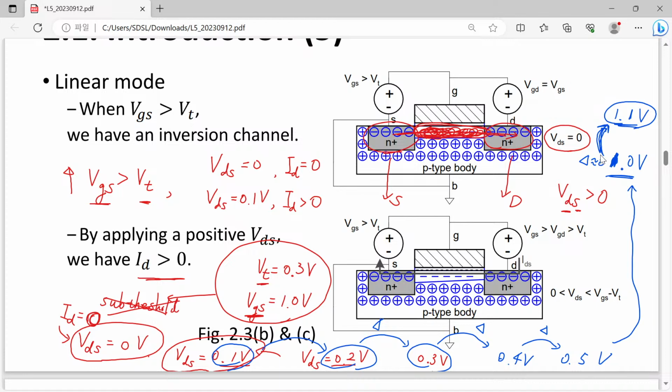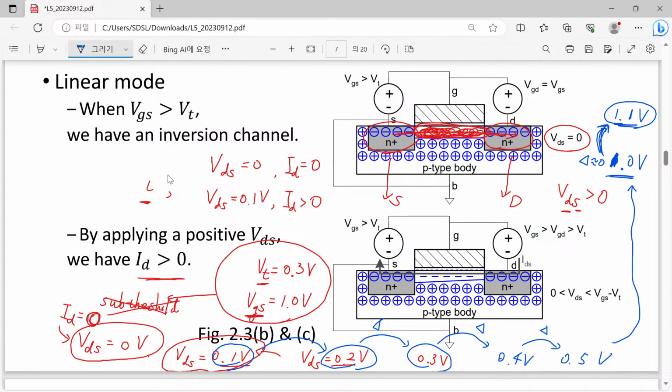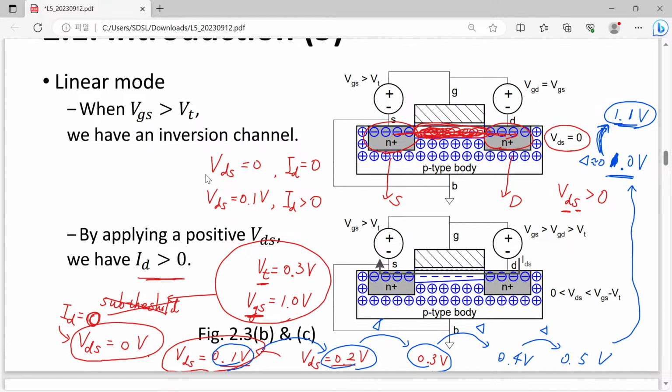So we have to make a distinction between this relatively low drain voltage case and relatively high drain voltage. I mean that, let me just draw something.